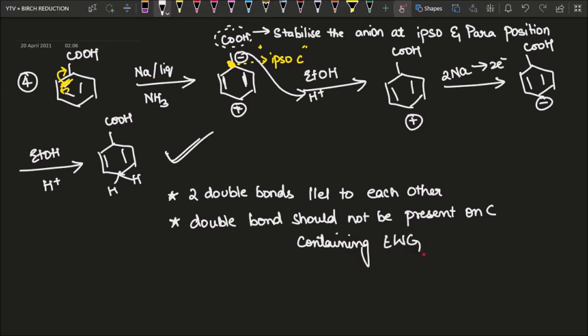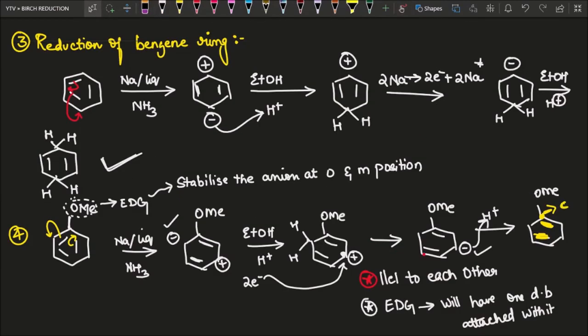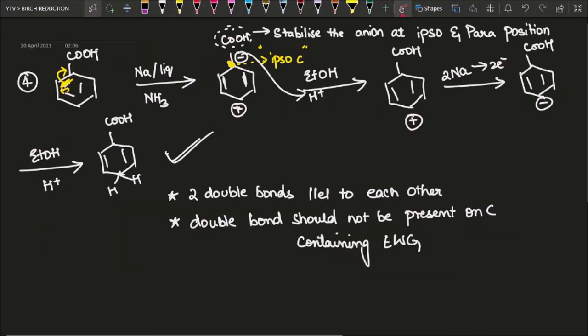If you compare and contrast the electron donating group and electron withdrawing group: in case of electron donating group, one double bond should be present on the electron donating group, and the other double bond will be present opposite to it, right? In case of electron withdrawing group, the double bond should not be present on the carbon which contains the electron withdrawing group. So this is a simple method to identify the product.